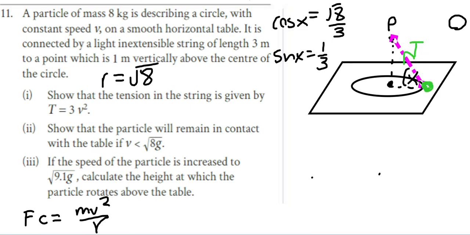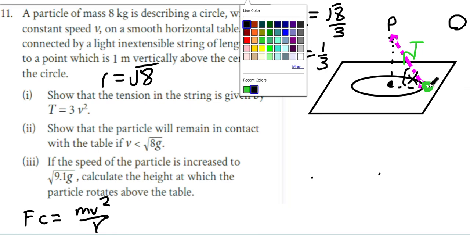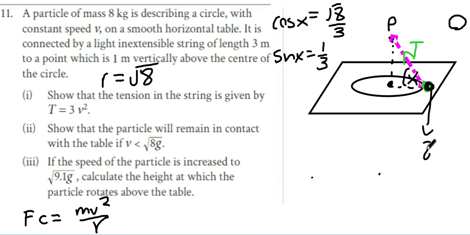Your mass of your particle, guys, what is it? It's acting downwards. Is it currently in contact with the table? Reaction force R. Would you all be happy that that's T cos x and T sine x going up and into the center of the circle?